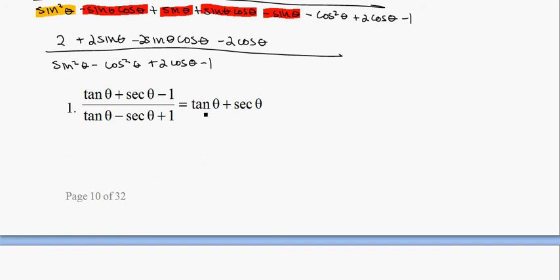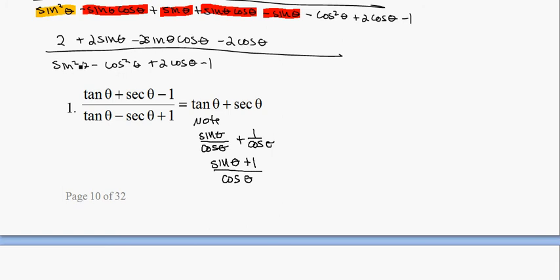So let's just take a little peek here. Let's just make a little note that sine theta over cosine theta plus 1 over cosine theta is the same as tan theta plus secant theta. So that gives me sine theta plus 1 over cosine theta. So that means in this denominator here, I want to make this so I only have cosines. And in the numerator, I only want to have sine. So I need to get rid of this cosine somehow, and I'll get rid of that in a second.